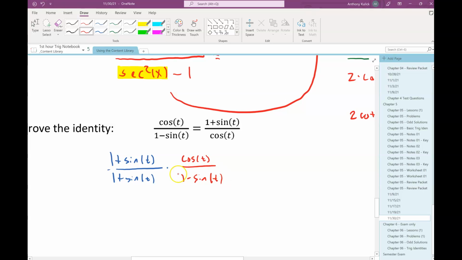And upon further review, I really think this is an excellent idea because what do I see in the denominator? It's a difference of two squares, which is usually a great sign that I'm doing something right.